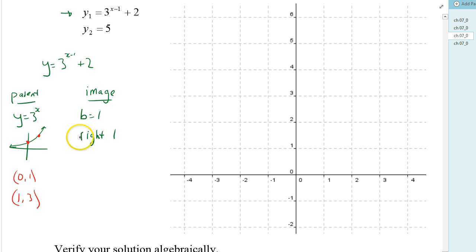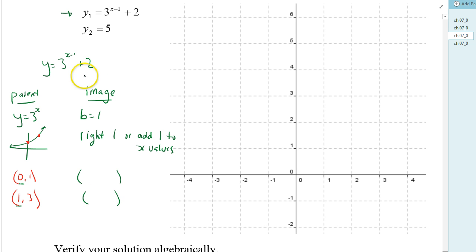Or another way of thinking of this, if we're going right 1, we're going to be adding 1 to our x values. So on our image here, we can take a look at our x values, and for these 2 points, we're going to add 1 to them.